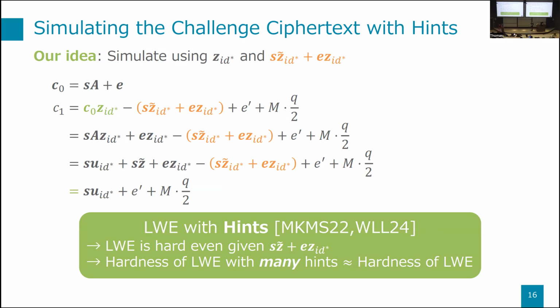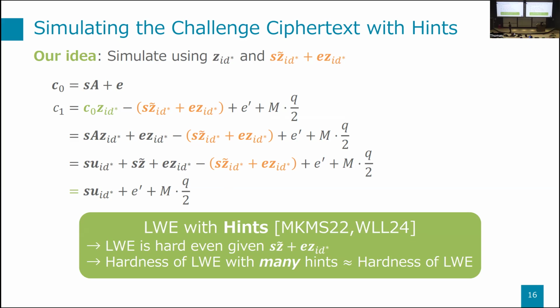Any further comments? Yes, my question is a bit related to the one that you just asked, which is that this LWE with hints sounds a lot like the hint MLWE assumption that was put forward in Crypto 2023, where you have a hint of the same shape as the one in orange in your slide, plus some randomness that the adversary doesn't learn.